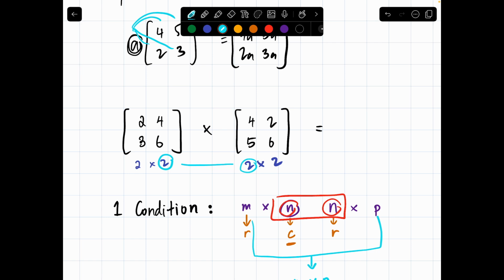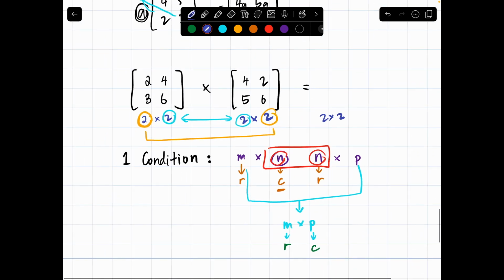So we're going to see whether these two are the same or not. And they are the same. They are 2. So these two are eligible to be multiplied with each other. And judging from the rows number for the first matrix and the columns number for the second matrix, we can say that the answer is going to have the format of 2 times 2.